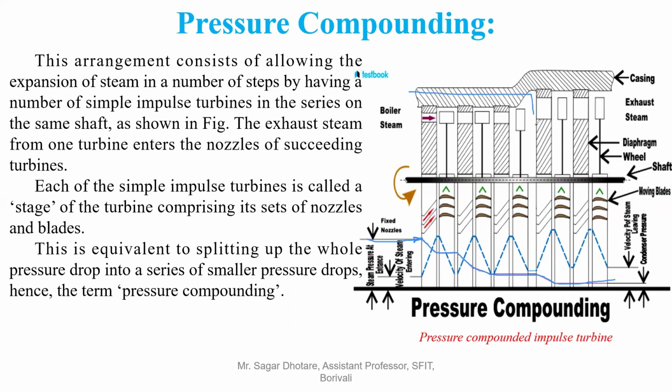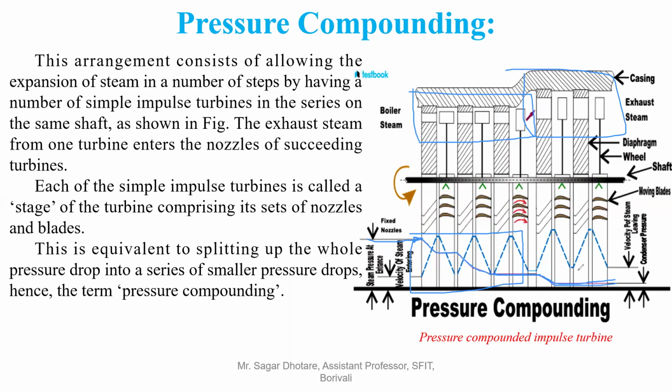Now you can look at the first set and second set. There are two sets which need to be considered. In the first stage, the pressure is dropped, then it is constant, and in the next stage, it gets dropped.